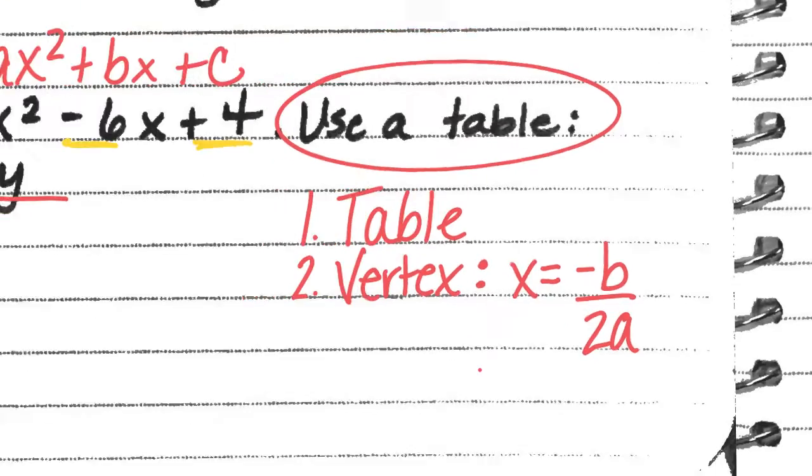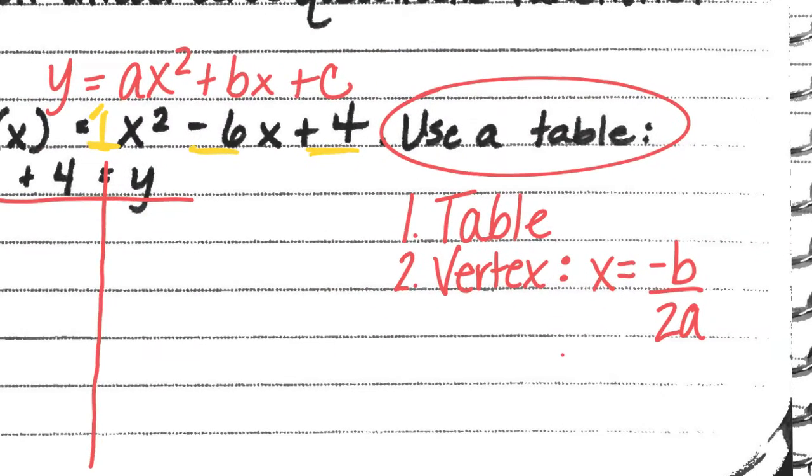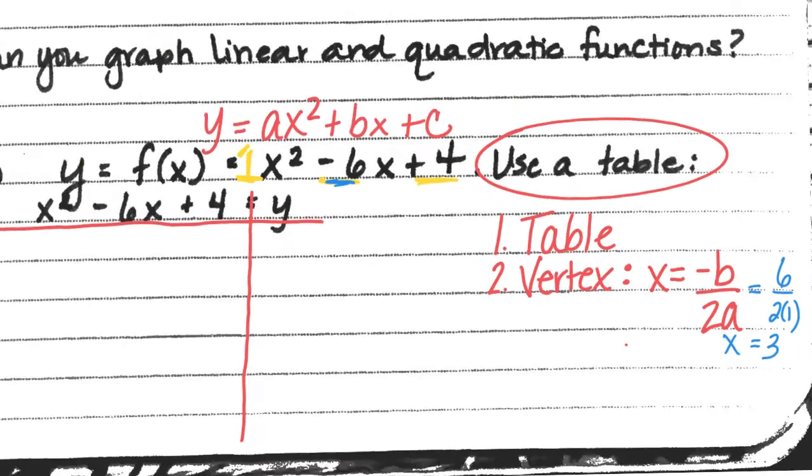So if I'm going to plug the vertex formula in to find the x point, I would do the opposite of b over 2a. So that means that the x point is 3.